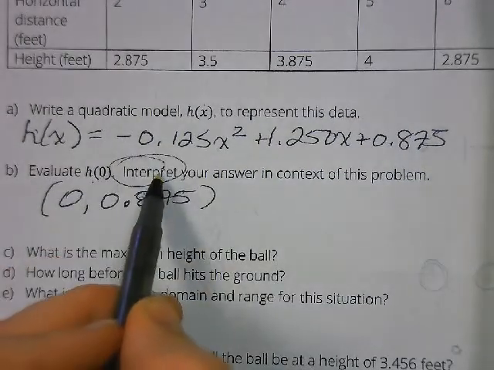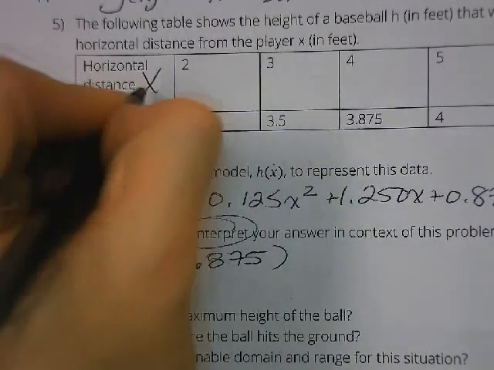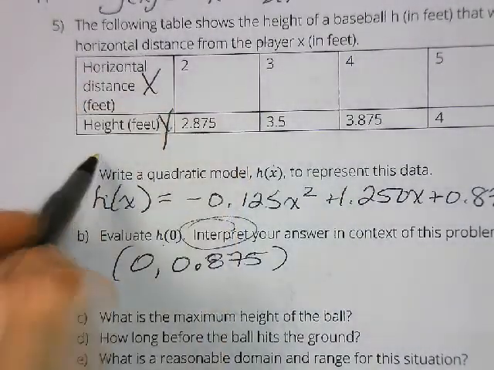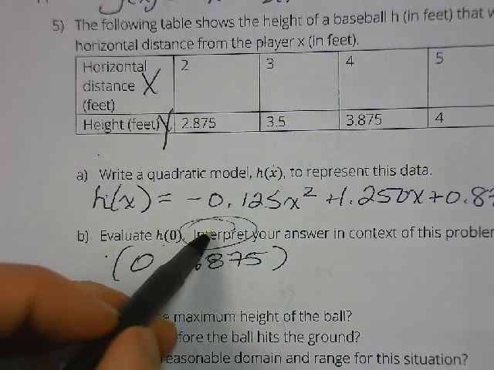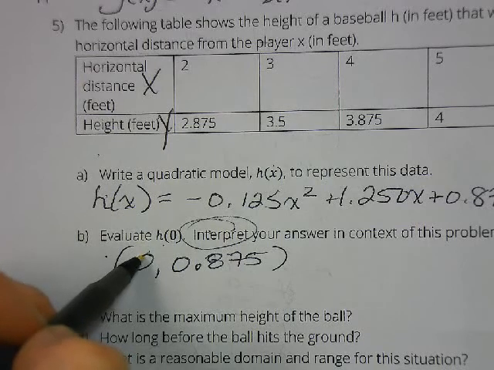Now we need to interpret this in the context of this problem. So we're going to use the units for x and y in our chart to evaluate and interpret. So 0 is in the x position, so I'm going to use the x units.